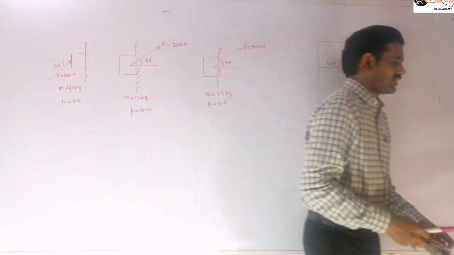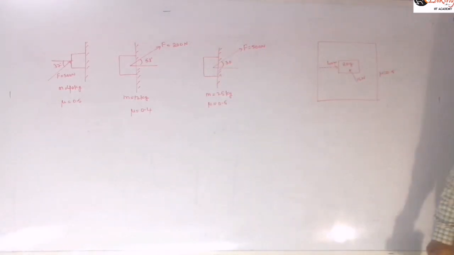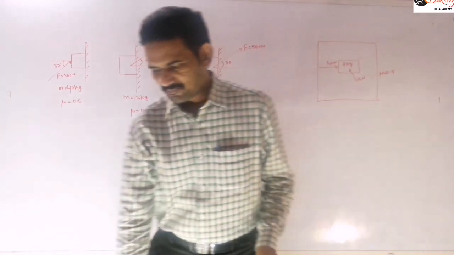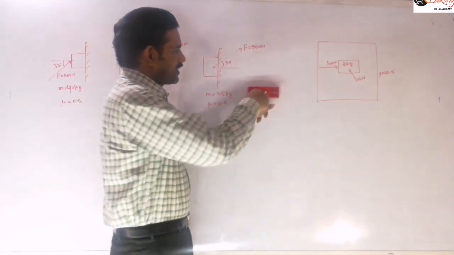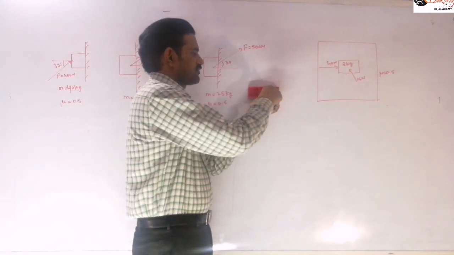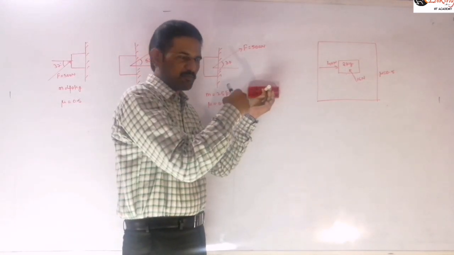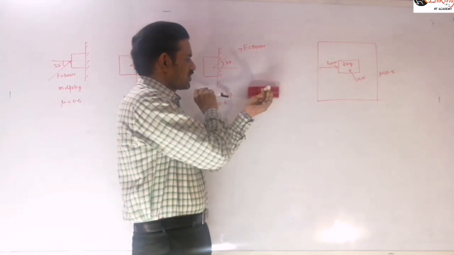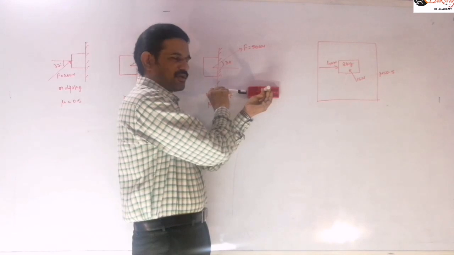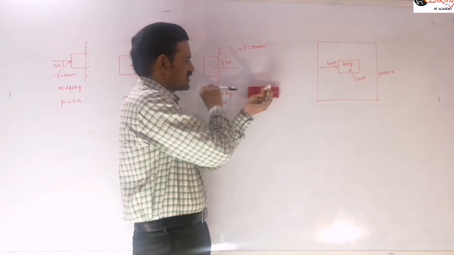Is the question clear? What I am explaining is the data: if this is the block here, perpendicular to this we are applying one force of 15 newtons, and perpendicular to this 15 newtons and parallel to the wall I am applying another force of 40 newtons.